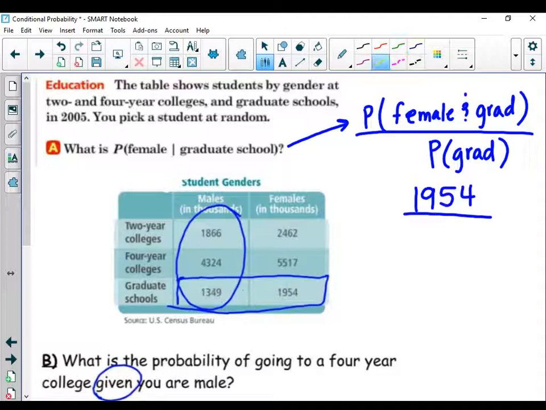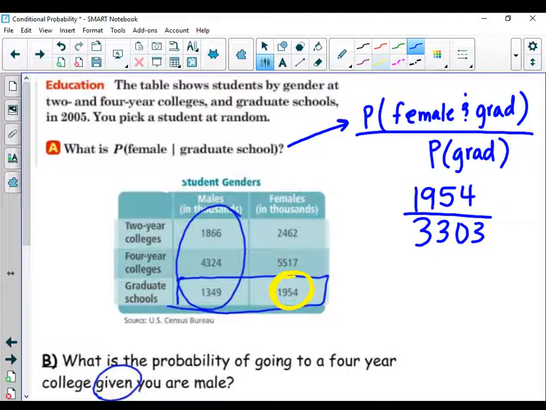So I am interested in a female who went to graduate school, all over the probability that someone went to graduate school. 3,300. Is that what you said? Yep. Okay, and then let's divide that out.